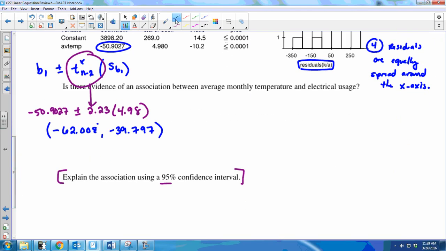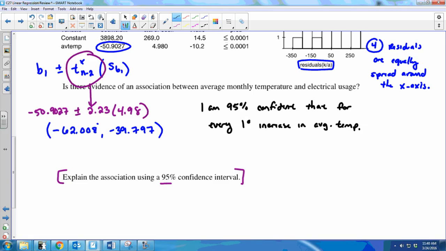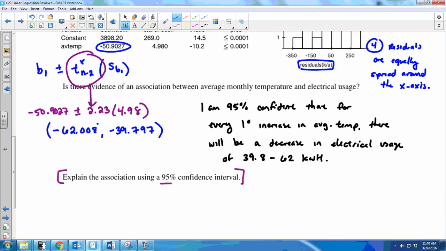So your confidence interval conclusion should be, I am 95% confident that for every 1 degree increase in average temperature, there will be a decrease in electrical usage of 39.8 to 62 kilowatt hours. That's your interpretation for the confidence interval.